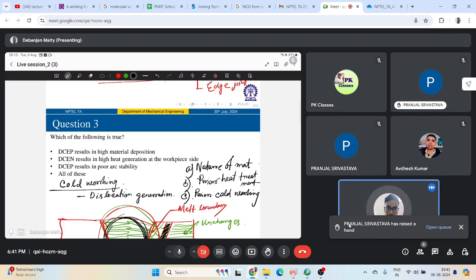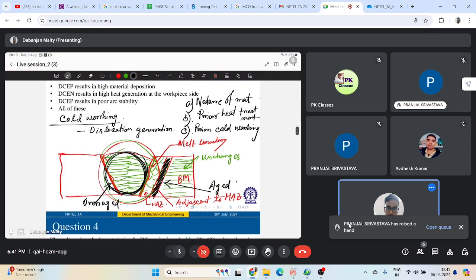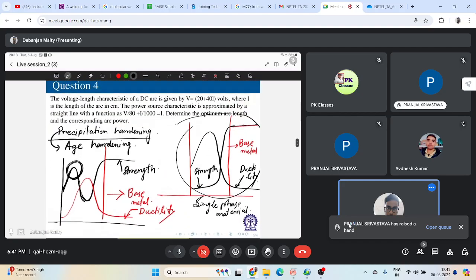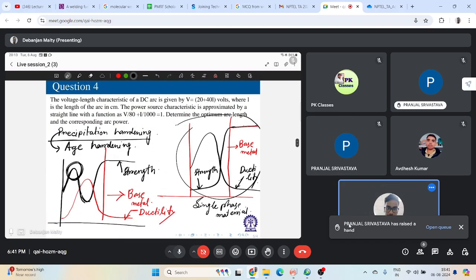Now, what are different kinds of flames you're aware of in gas welding? Can I rub this off if you have taken the notes? Okay.